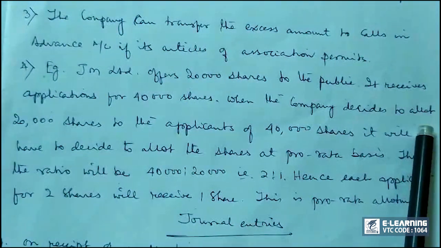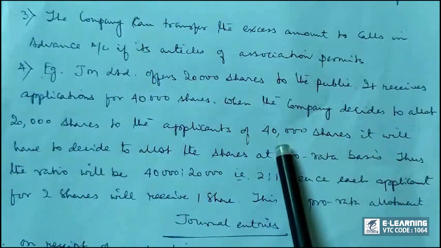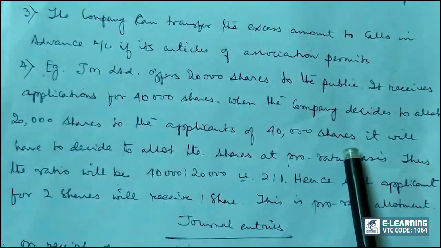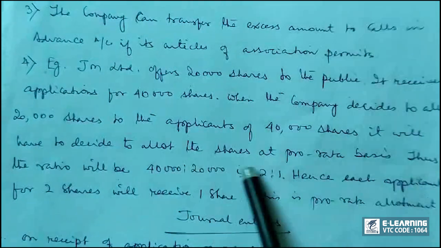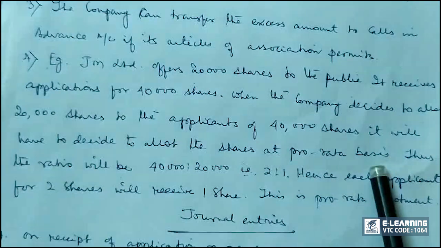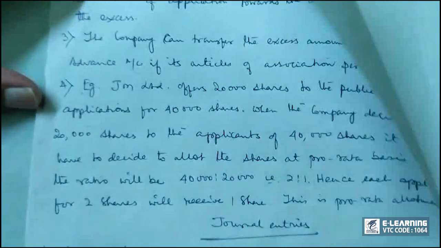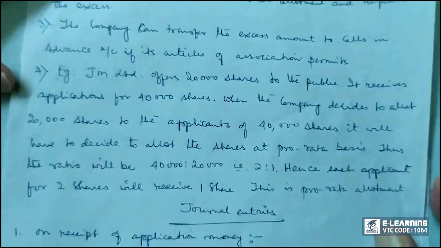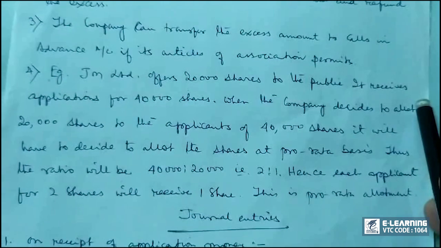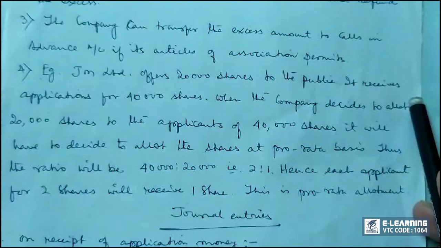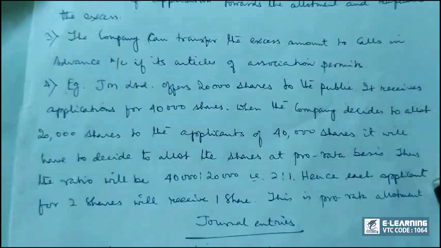When the company decides to allot 20,000 shares to the applicants of 40,000 shares, it will have to allot the shares on a pro rata basis. So, if the number of shares applied for is in excess of the shares offered, then pro rata allotment is applied.